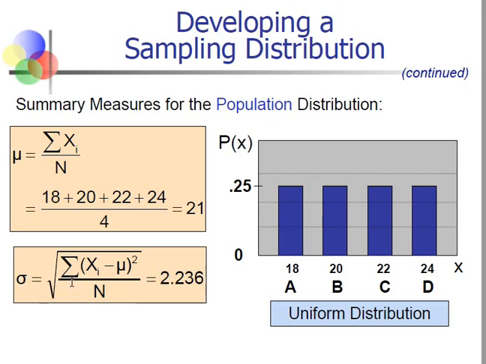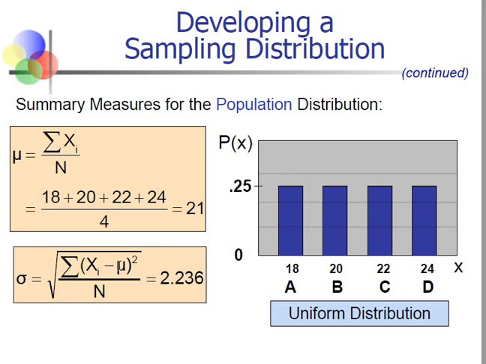Now, how do we find the standard deviation? The standard deviation is just the square root of the variance, and the variance is taken by subtracting the mean from every xi. In this case, our xi's are 18, 20, 22, 24.